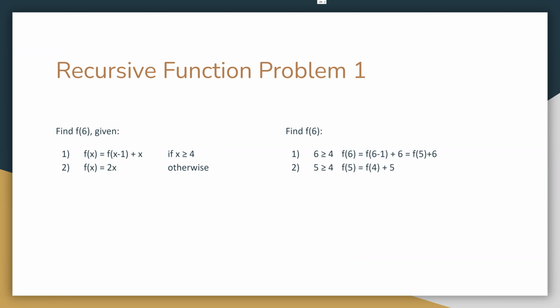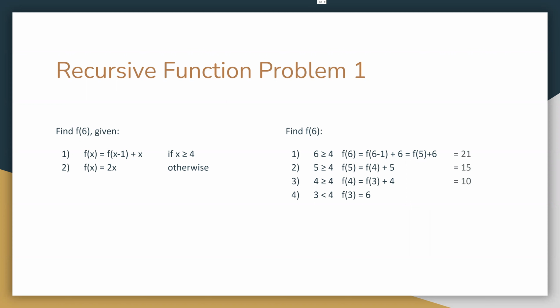F5 is F4 plus 5. And then F4, since 4 is still greater than or equal to 4, is F3 plus 4. And then when we evaluate F3, x is 3 now, which is less than 4. So F3 is 2 times 3, which is 6.